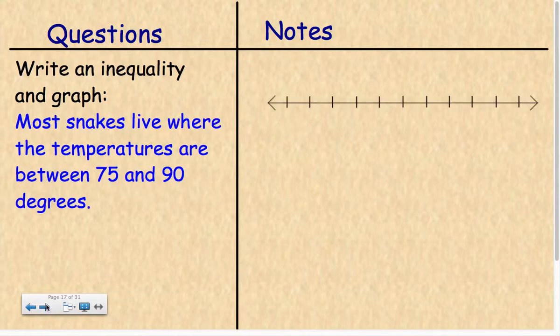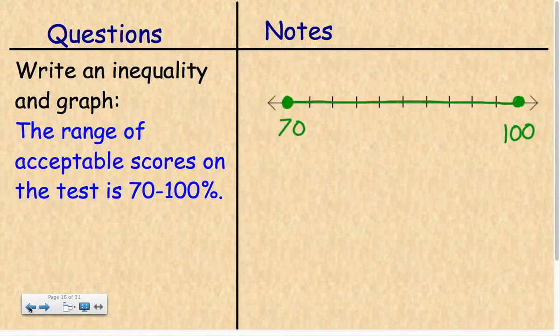Most snakes live where the temperatures are between 75 and 90 degrees. So let's put 75 here, maybe I'll count by fives on this one, 80, 85, 90. Between 75 and 90 degrees. So we have to think about, does that include 75 and 90? Let's look back at the wording on the last problem.